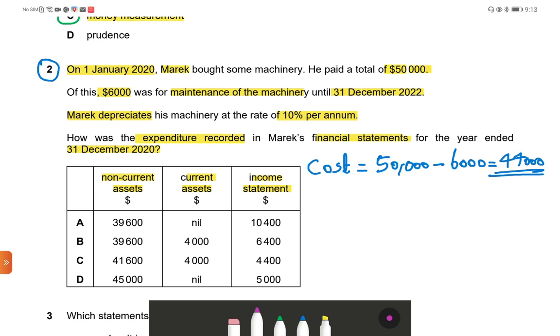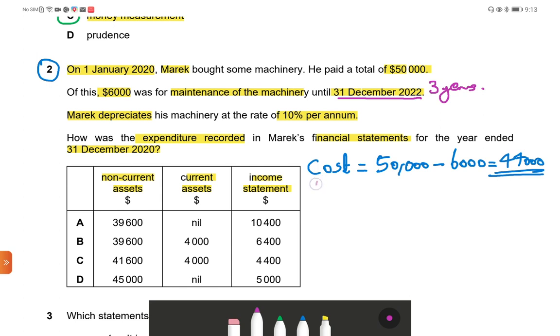The maintenance of machinery is an expense we enter in the financial statement. But they paid 6,000 for till December 2022, 3 years. So we are taking only the current year expenditure in the income statement. The remaining amount we transfer to the current asset.